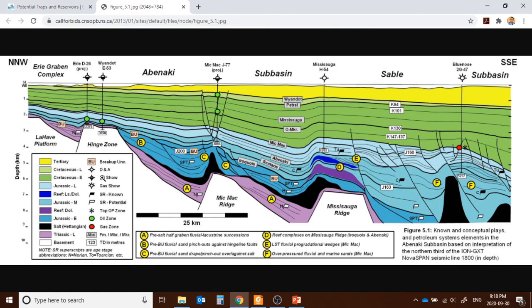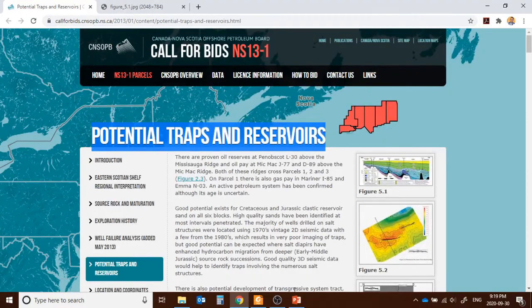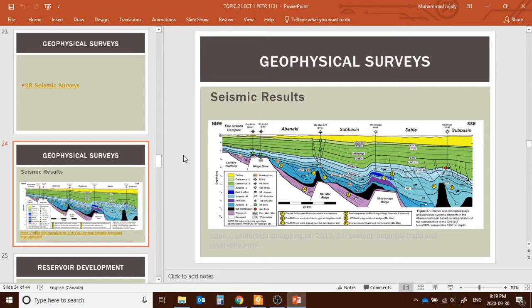So that's how we determine it. The more we go deep down into the course, the more we will know how this works. So this could be a case study for you. We'll see that again later on. Let's go to the slides.